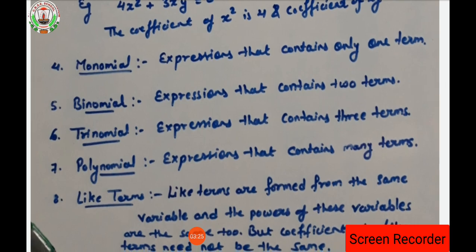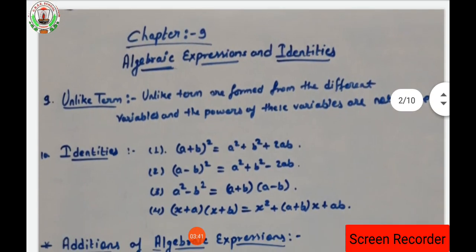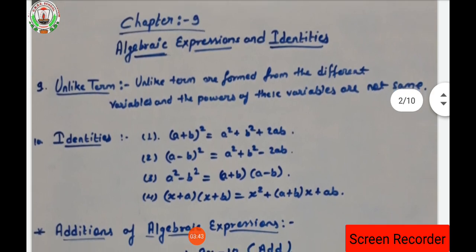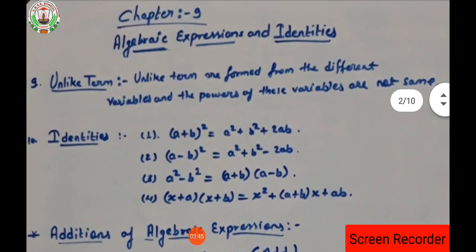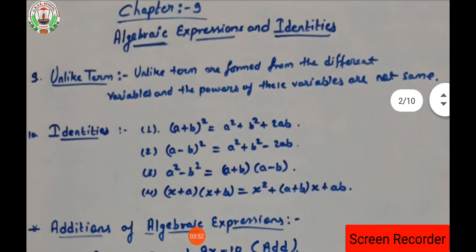That means if one term has x, the other should also have x, and this variable should have the same power, but the coefficients of like terms are not the same. Clear? The ninth definition is unlike terms, which is just the opposite of like terms. Unlike terms are formed from different variables and their powers are not the same.